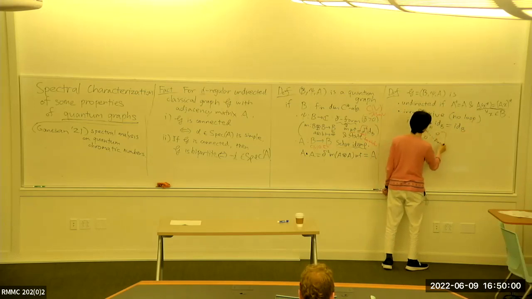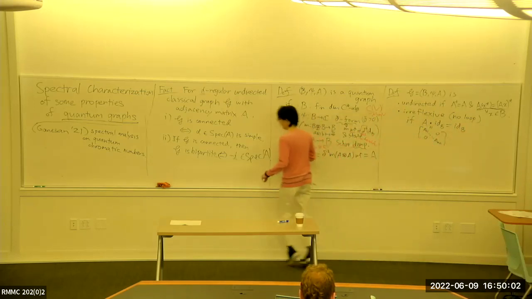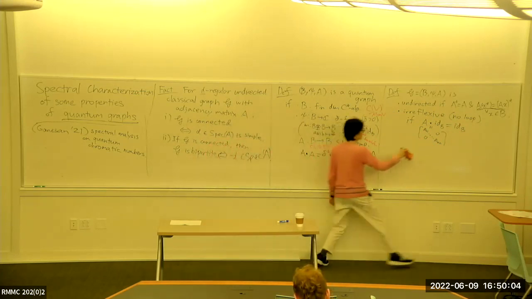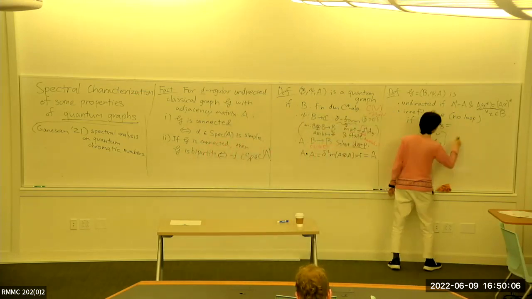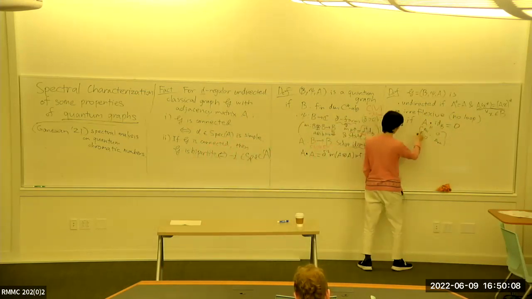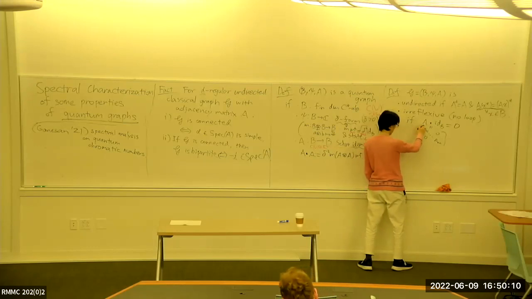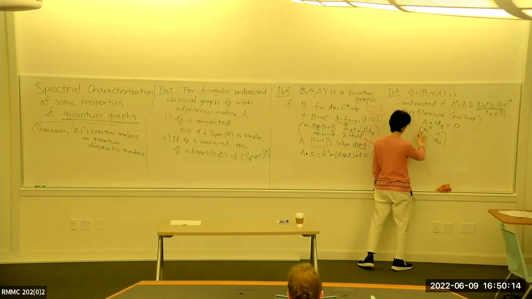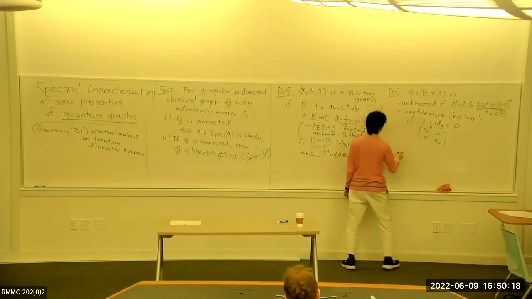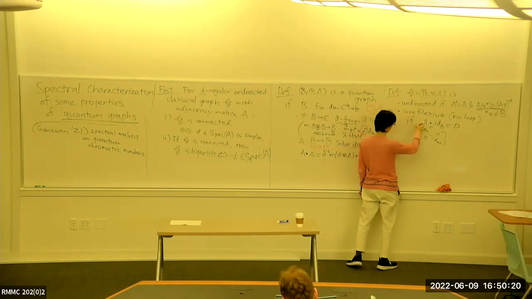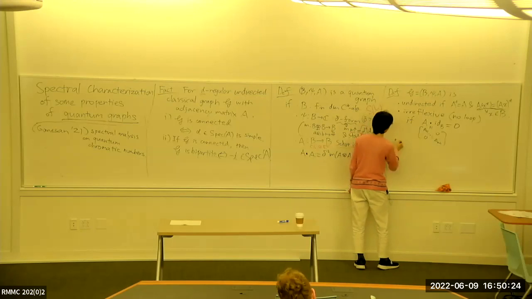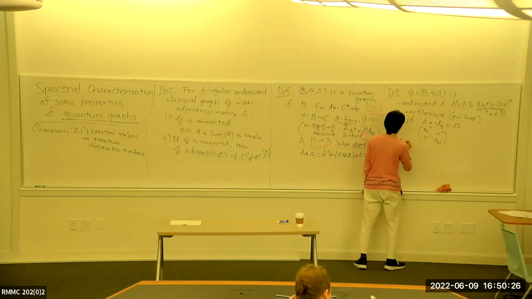So the diagonal entries of the adjacency matrix are 0 if and only if the graph has no self loops. So we define the no loops condition in this way for quantum graphs. And also we define the D-regular quantum graph.